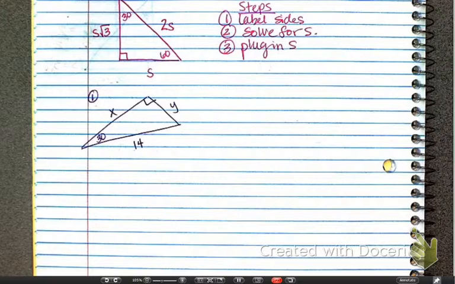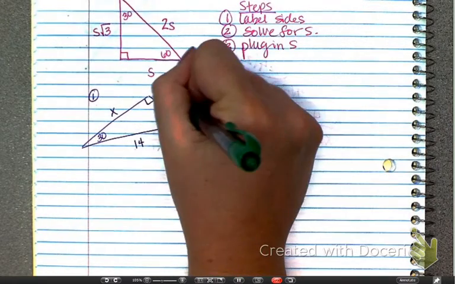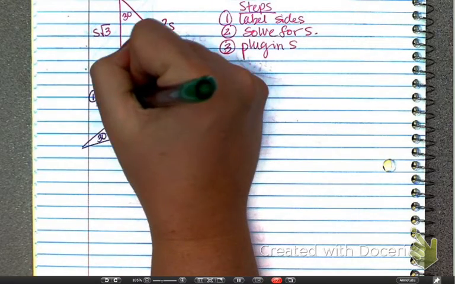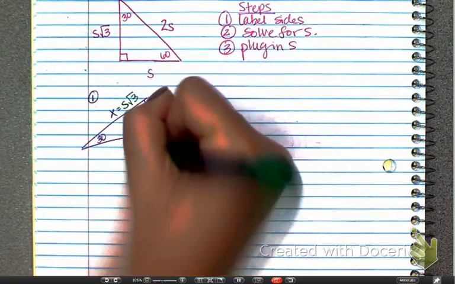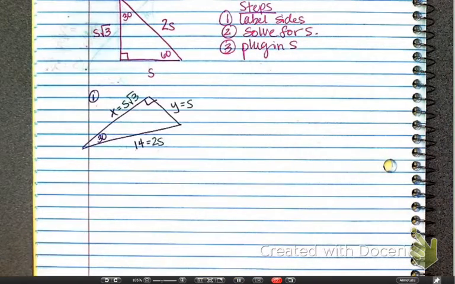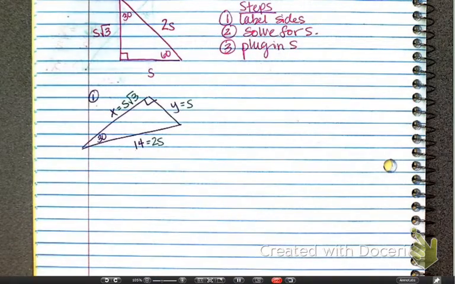Step 1, label. So across from 30 is S. Across from 60, S radical 3. Across from 90, 2S. So same thing as before, different labels. What is step 2? Solve for S. Where can I solve for S? The hypotenuse. How do I get S by itself?